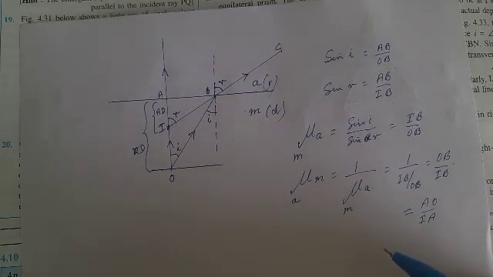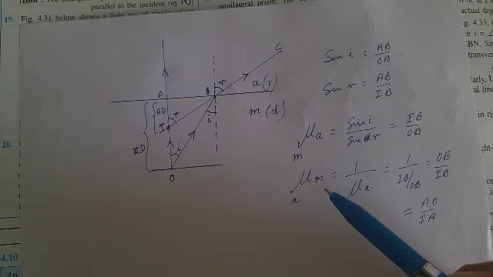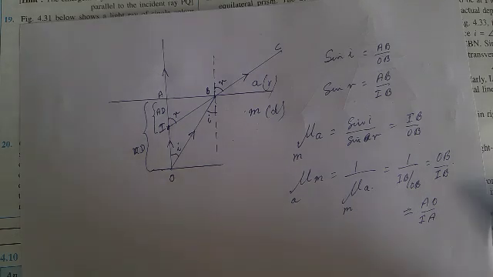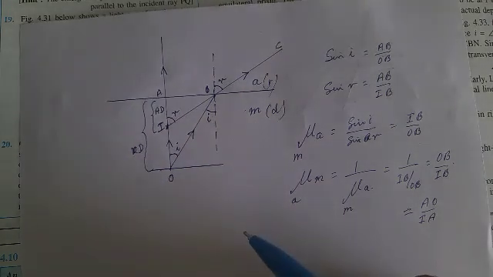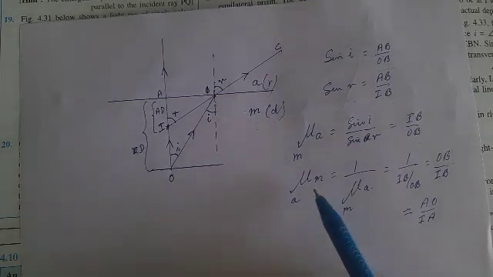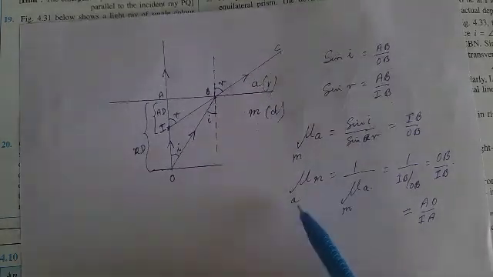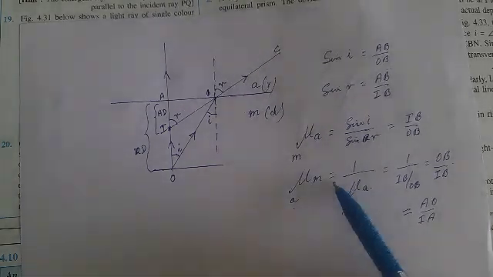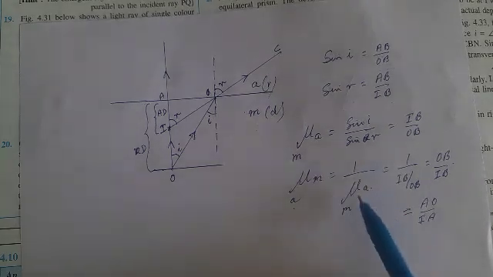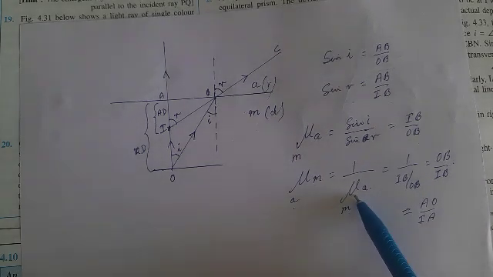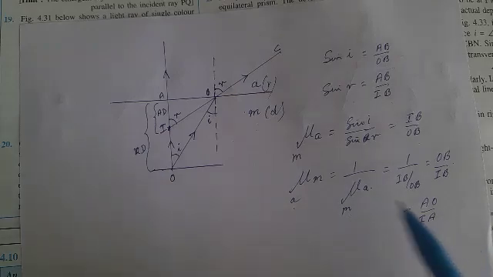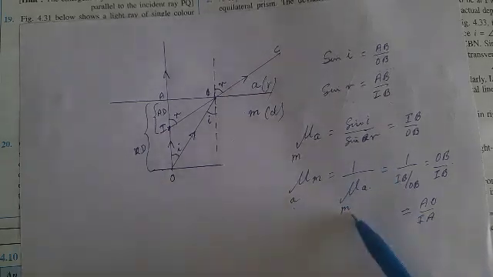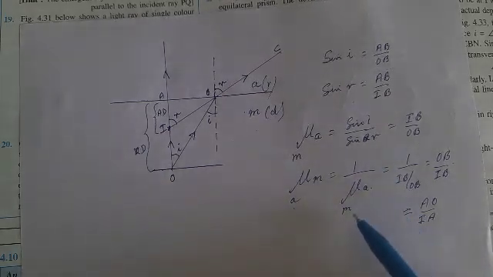Am I clear there? Now, as I said, we don't work with respect to a medium. We have to go to the absolute refractive index. And remember the principle of reversibility of light. Refractive index of medium with respect to air, which is absolute refractive index, is equal to 1 by refractive index of air with respect to medium.